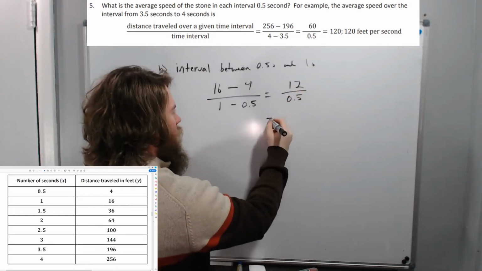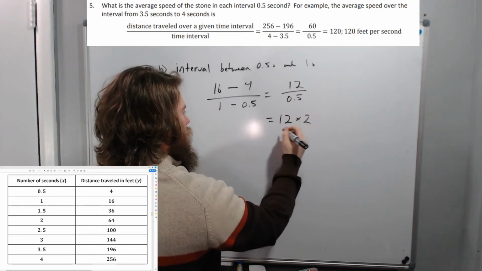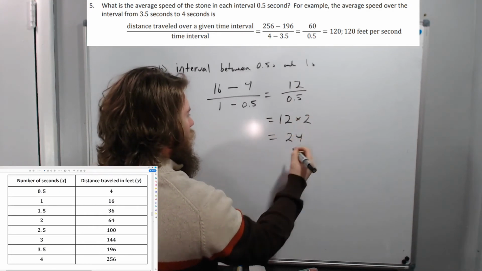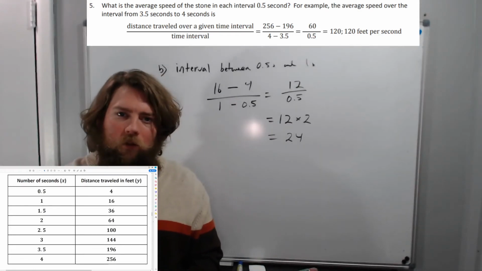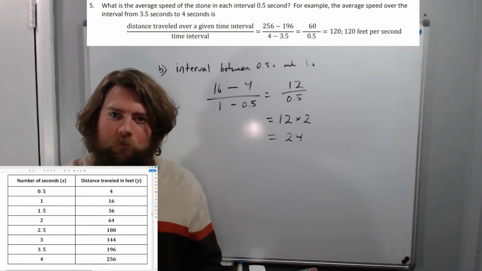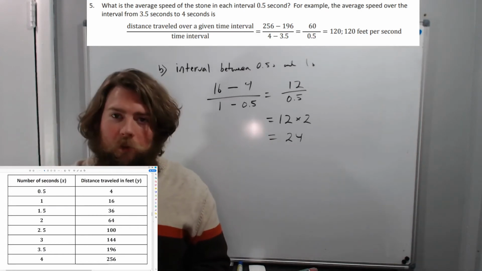We do the same thing. This is 12 times 2. So between 0.5 seconds and 1 second, the second half-second interval, its average speed is 24 feet per second.